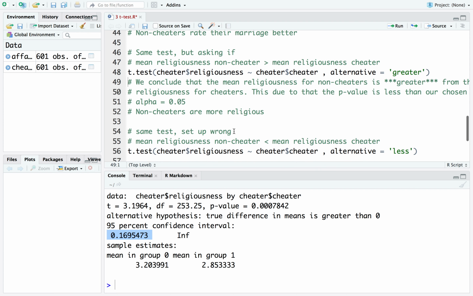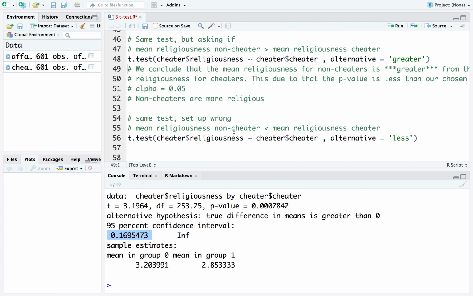Now, some of you may say, well, what happens if I set it up wrong? Well, instead of greater, we can test less than.